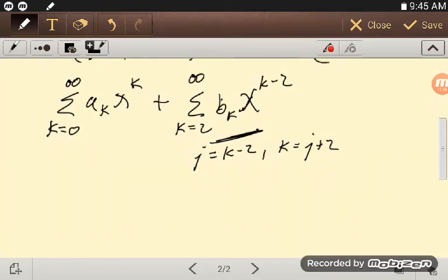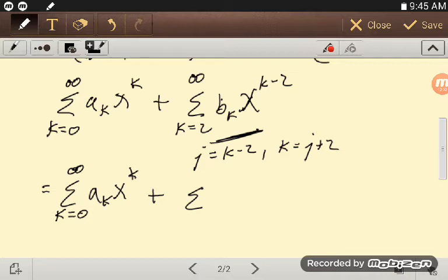So the expression I had up here is the sum from k equals 0 to infinity of a sub k x to the k. Now I can change all those to j's, but I'll probably change the j's back to k's once I get done, in that case just by name only, plus the sum.